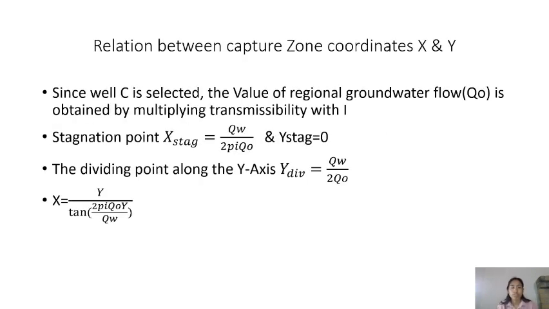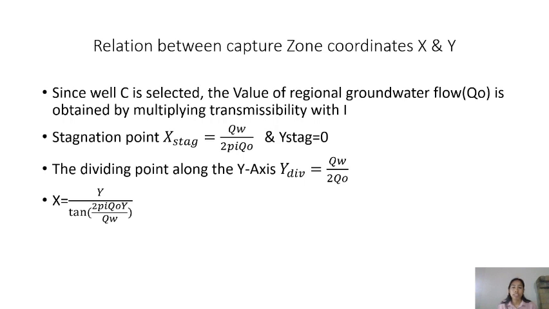Now we need to find the relationship between the various x and y coordinates of the capture zone. Since we selected well C, the value of the regional groundwater flow is found by multiplying transmissivity with the groundwater gradient. The stagnation point is the point where the water doesn't move in any direction, where the water remains stable.